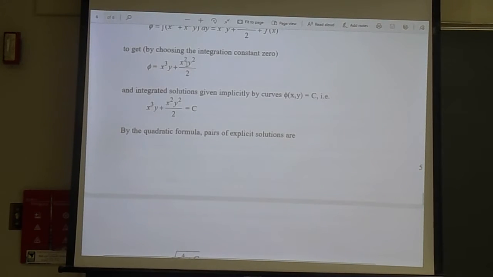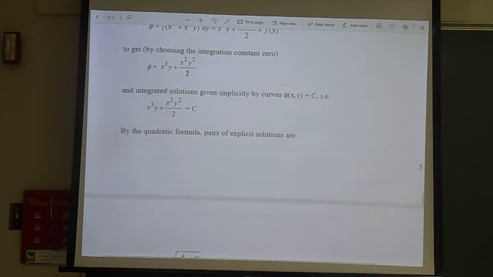For simplicity, let's choose c equals 0 because it doesn't matter. We want any phi whatsoever, such that d phi/dx is M and d phi/dy is N in the equation. So let's choose constant 0, and we have this for phi.